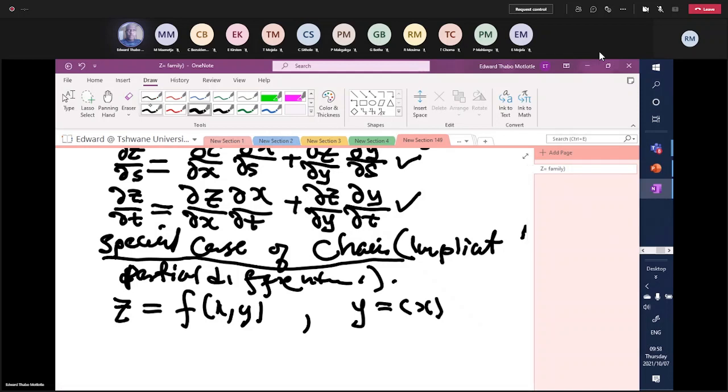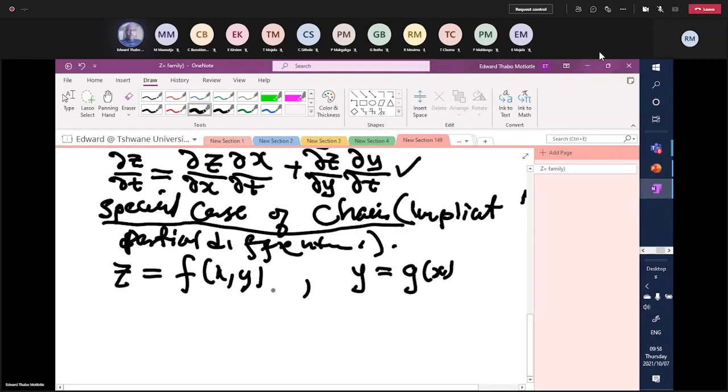Okay, so how do I write that? Let me just create a new function. Let's say y is a function of x. Now here, you use the total differential.